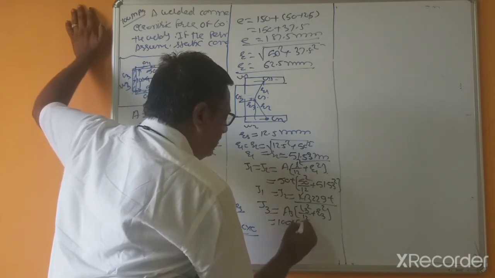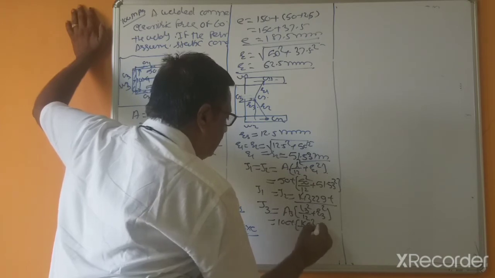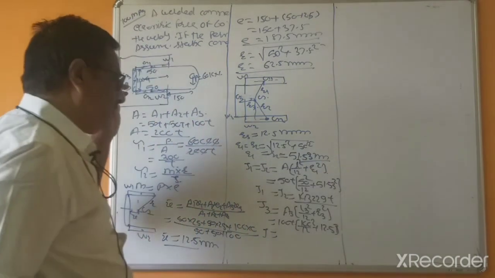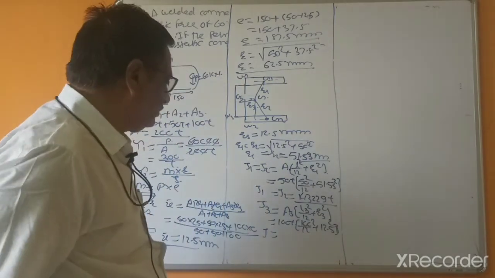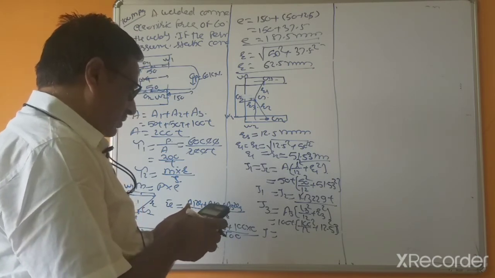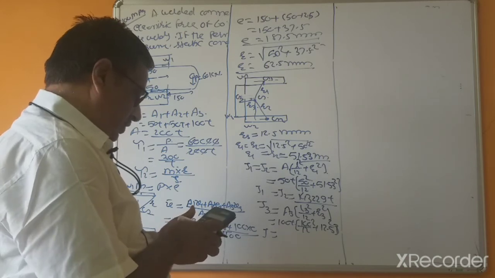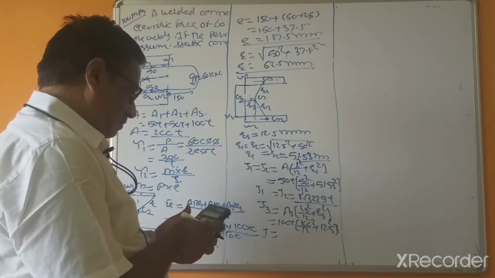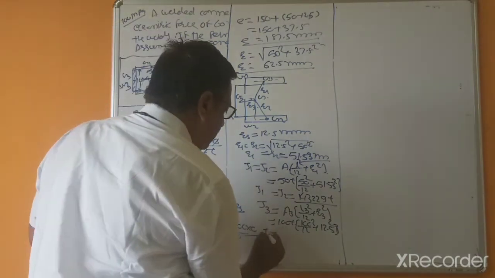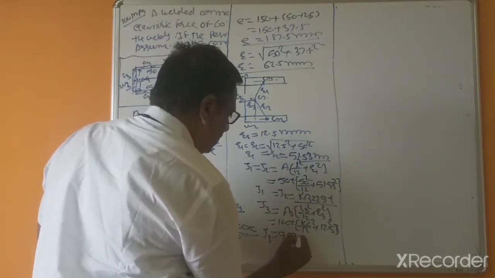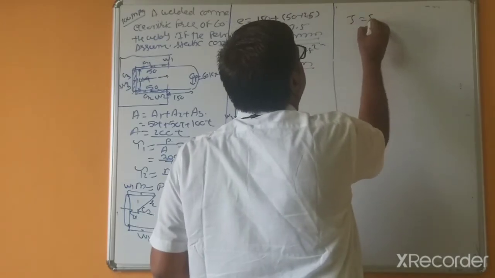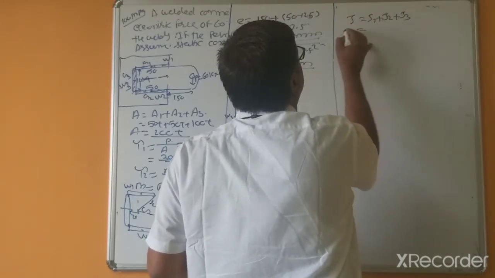This is 100 T: 100 squared divided by 12 plus 12.5 squared, multiplied by 100. This is 98,958 T.